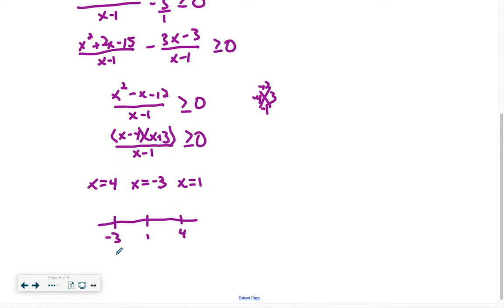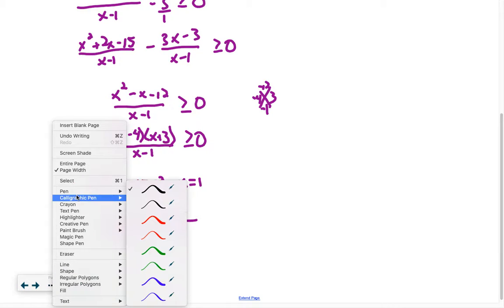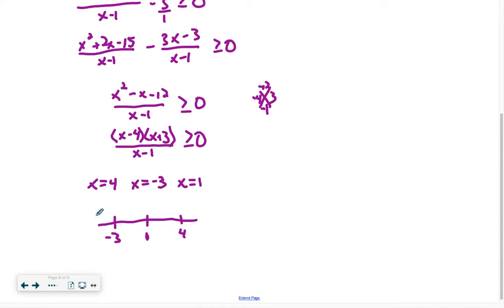And I guess I should mention it is important to put these in order, right? So then we've got 4 intervals. I'm just going to take a test value and plug that into my function. And I can choose any version of my function that I've simplified here. So I'm going to go with the factored form. That's going to be easiest. So if we take a number less than negative 3, say negative 4, and plug that in.